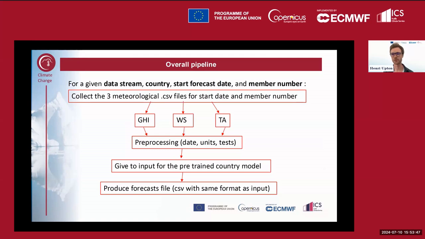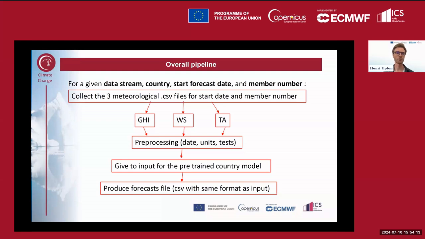We need particular units for each measure of the weather data. We do a very quick test to check that the data is okay. And then we give it as input to a pre-trained model. Each country model has been trained on the respective historical demand that we get from ENTSOE. And then at the end, we produce the forecast file.